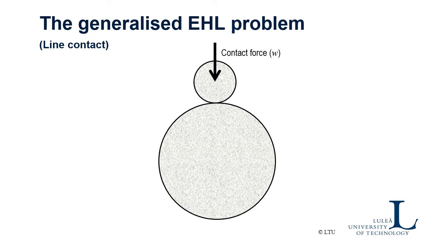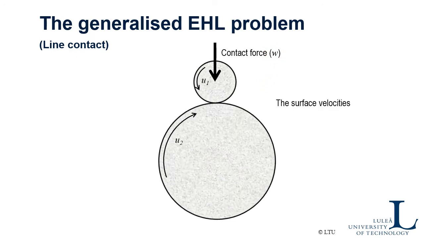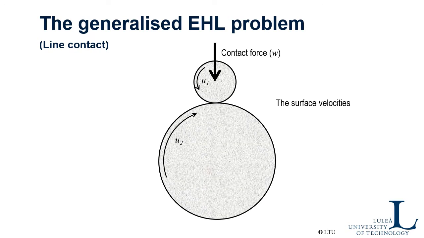So assume that you have two rollers like this, two cylinders in contact. You apply a force, a contact force, we denote it by W. We put some speed onto the surfaces, so you have speed U2 on one surface and U1 on the other one.